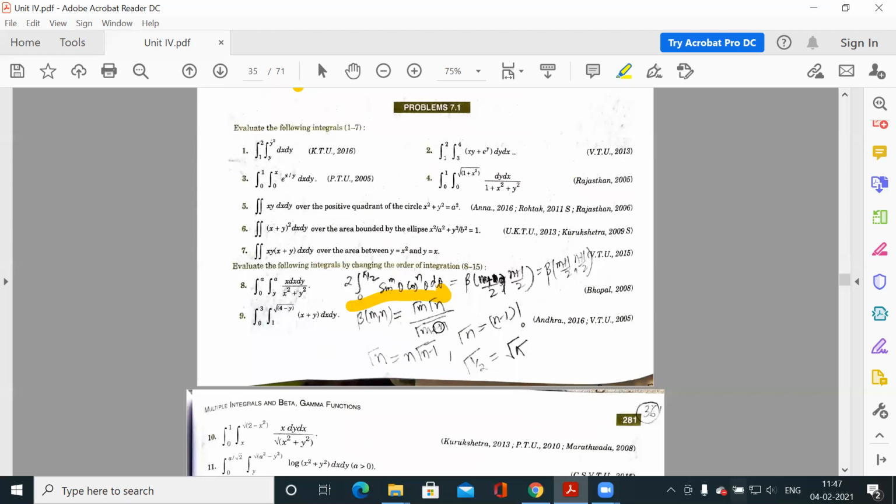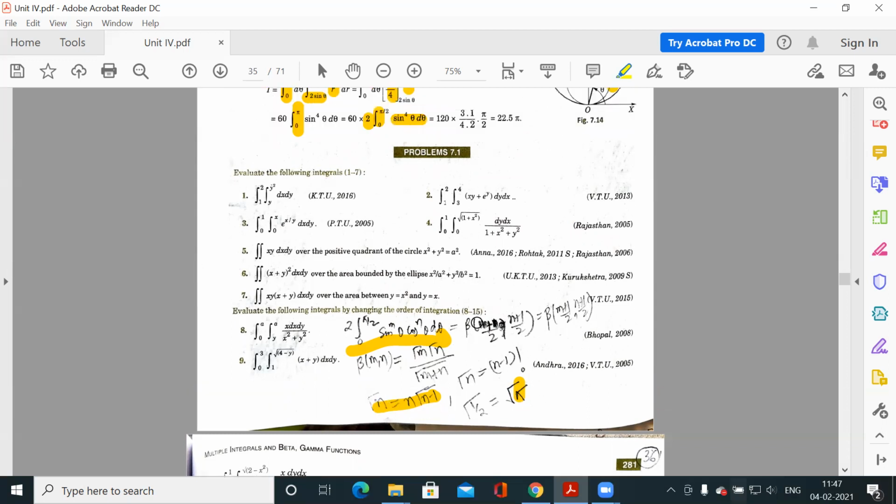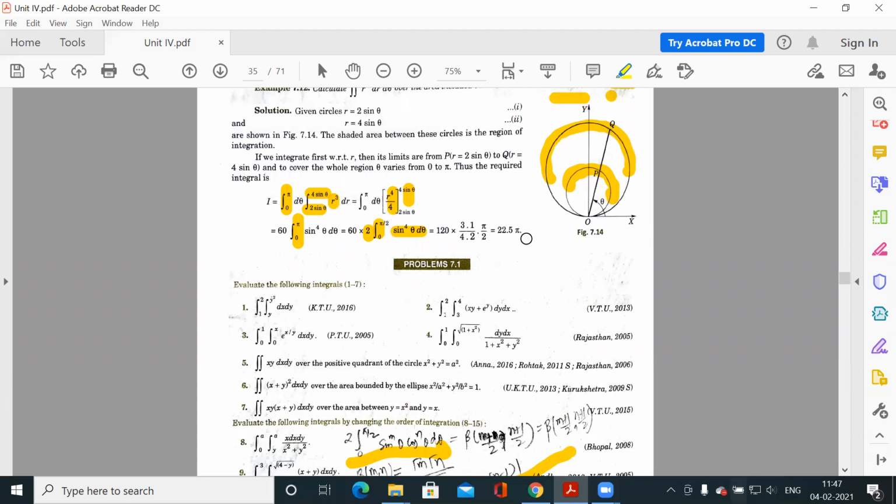So gamma 3 is factorial 2, which is 2, so the denominator is 2. Gamma m is gamma 5 by 2, which using this expression is 5 by 2, 3 by 2, gamma 1 by 2, and gamma 1 by 2 is square root pi. Similarly, gamma n is gamma 1 by 2, which is square root pi. Whenever you use this combination, you will get this answer.